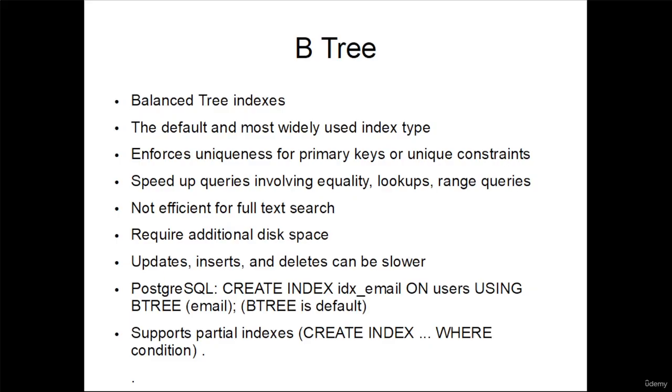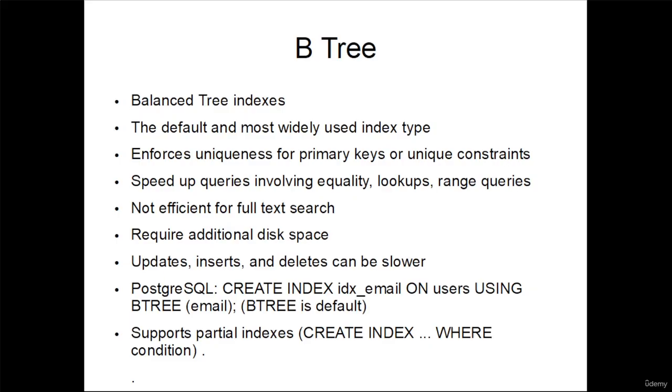It is the default index type in most databases, making it portable. Not efficient for full text search, like searching for words in a large text column. B-tree indexes require additional disk space, especially for large tables. Updates, inserts, and deletes can be slower due to index maintenance.